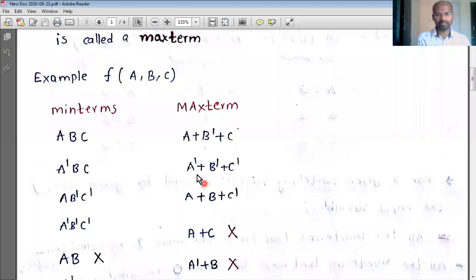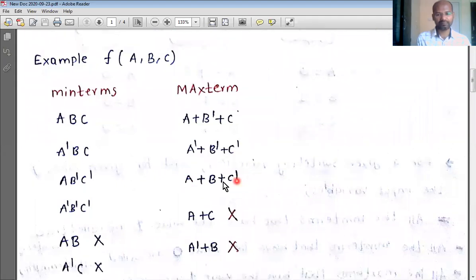Another example, there is A literal, B literal, C literal. A is in complemented form, B is in complemented form, C is in complemented form. All the literals are in this sum term. So this is also a max term. And this one is also a max term because all the literals are present in this sum term.